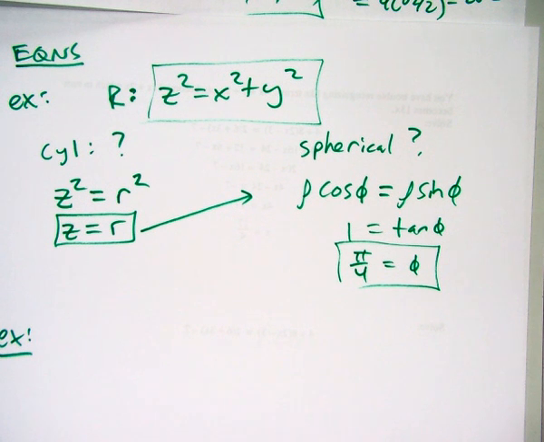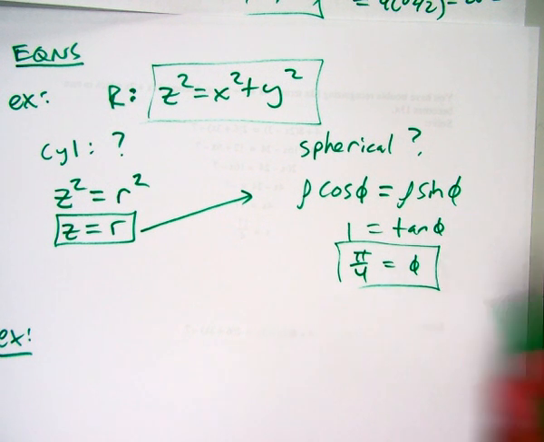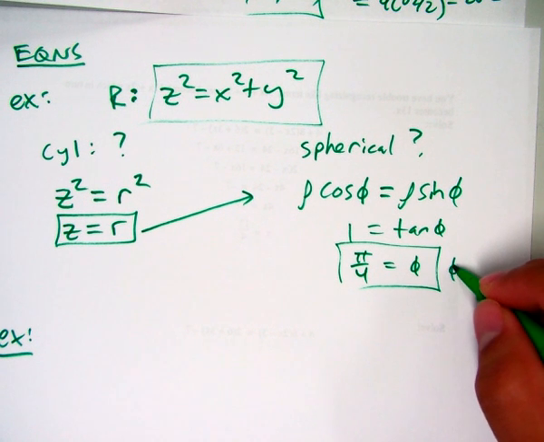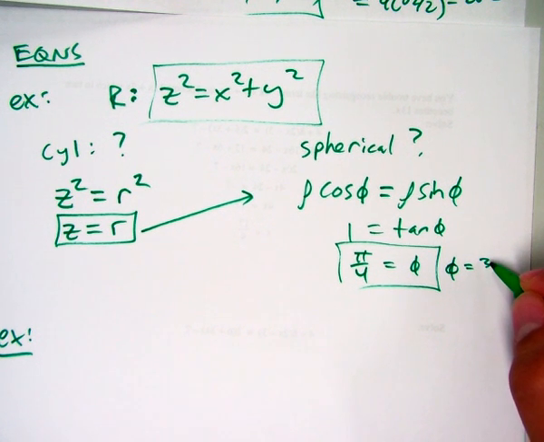I guess here, if you wanted to, you could do both. If you wanted to be real technical about it, what would this be? 5 pi over 4. But phi does not go larger than 180.